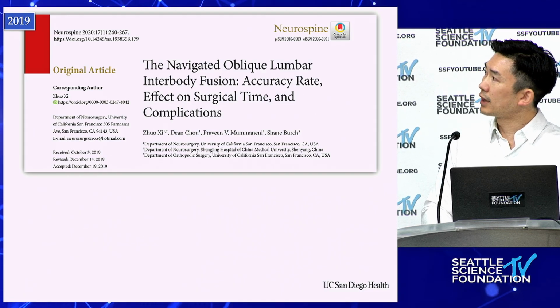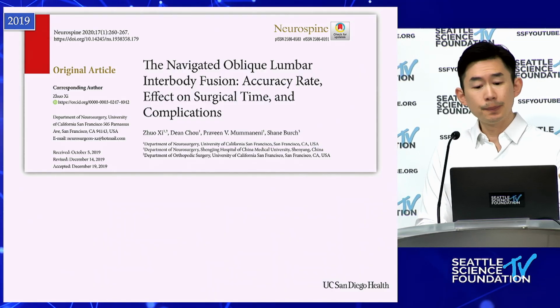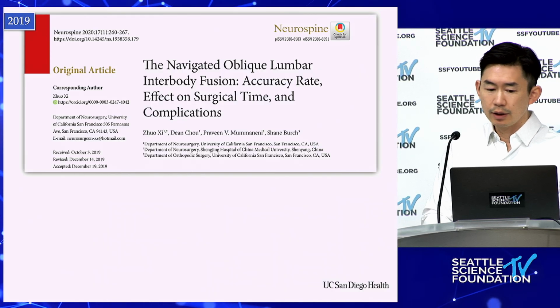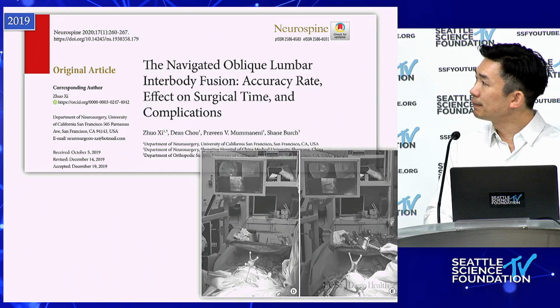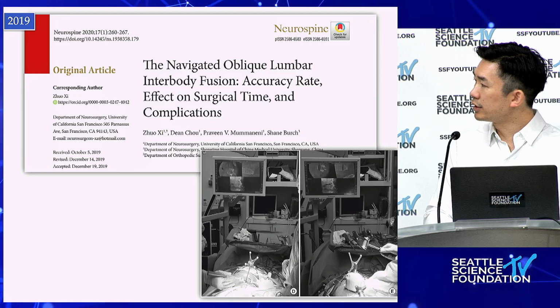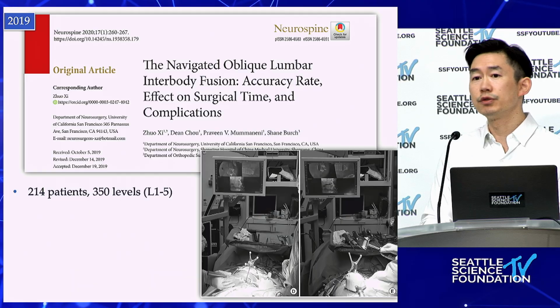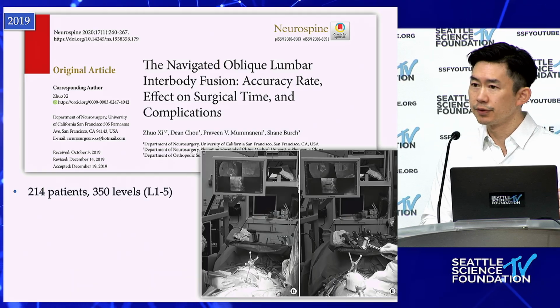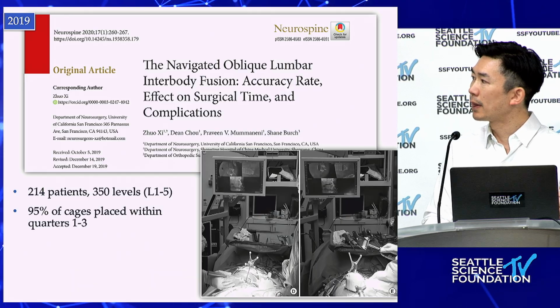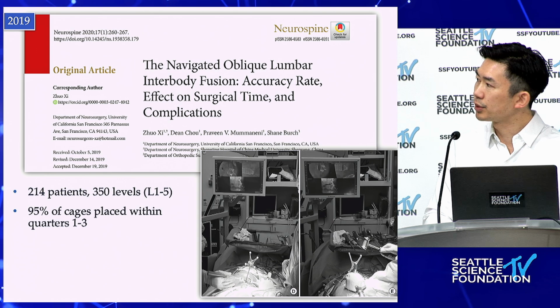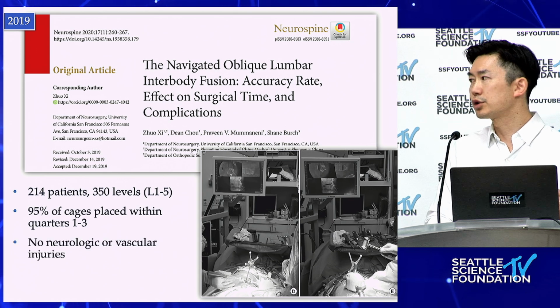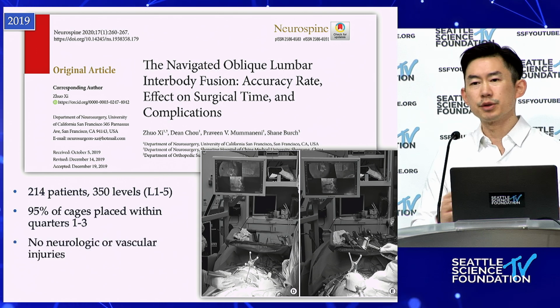I would say 3 years after that, this is the UCSF group, right? So with Dean, Praveen, and Shane, again, they found and described their experience using navigation in OLIF, 214 patients, 350 levels from L1 to 5. Again, 95% of cages within quarters 1 to 3. And also no neurologic or vascular injuries from this approach.